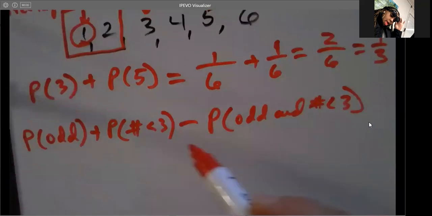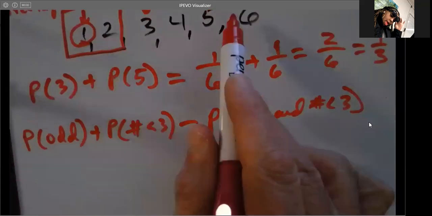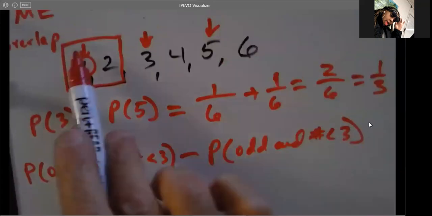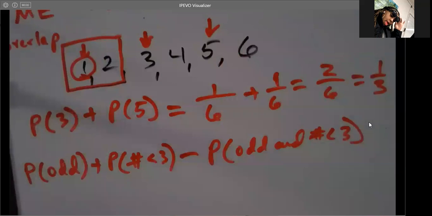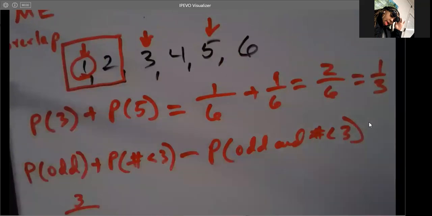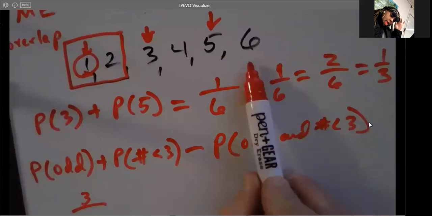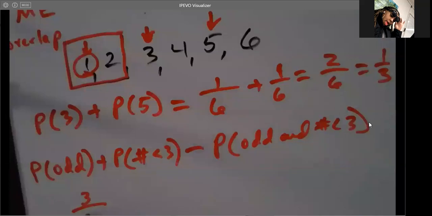Well, how many odds are there? There are 3 odd numbers. So that would be 3 over a total of how many numbers on a dice? 6, right.